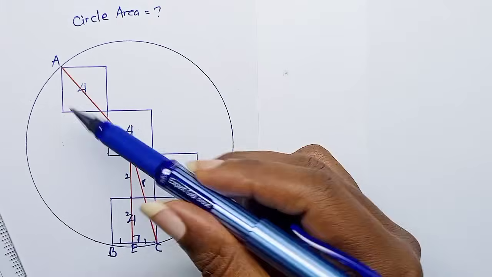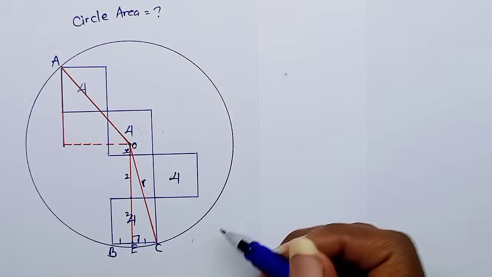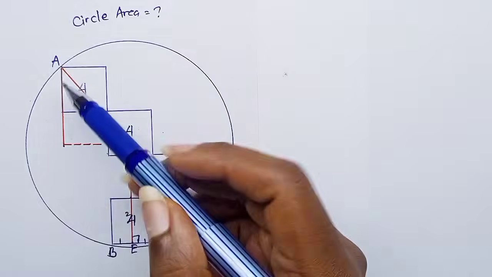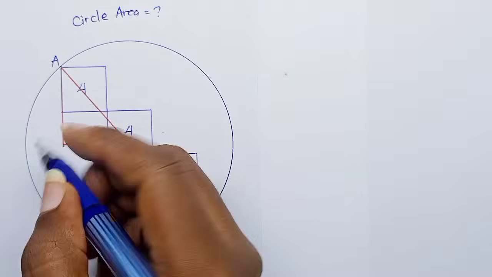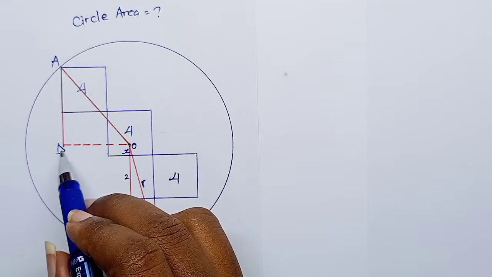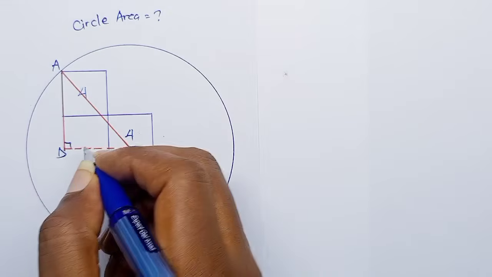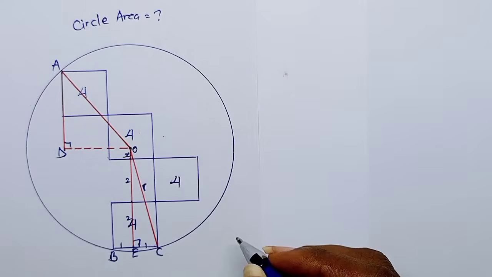I hope you get what I mean. Let me first draw it and you see. So this is what I meant. I've drawn a line from A up to a point. This point we are calling D, such that DO is perpendicular to AD. So this is 90 degrees.